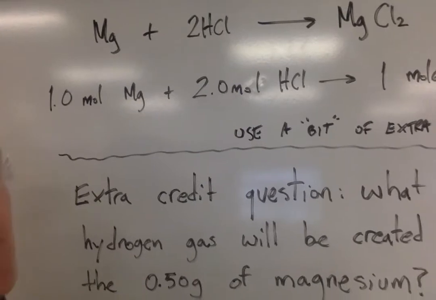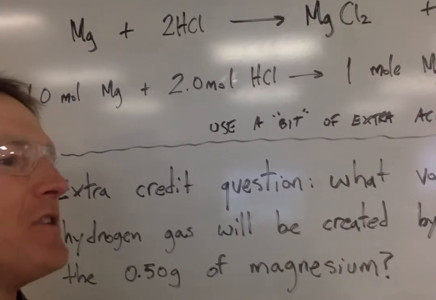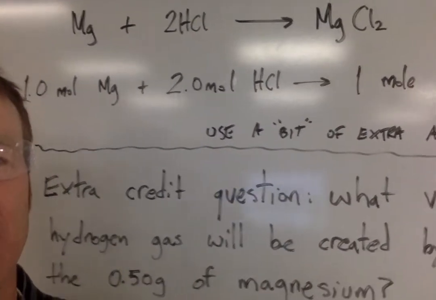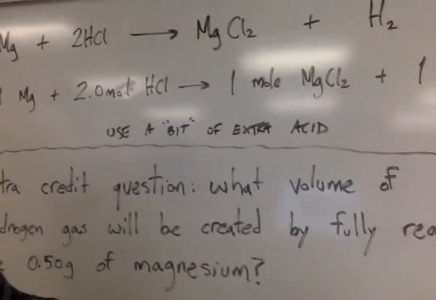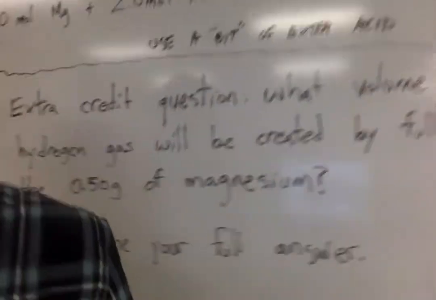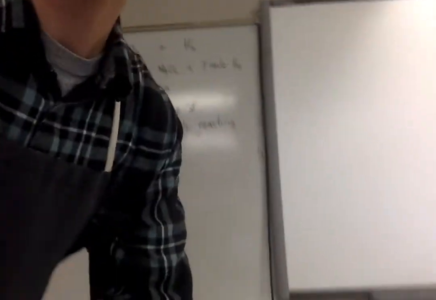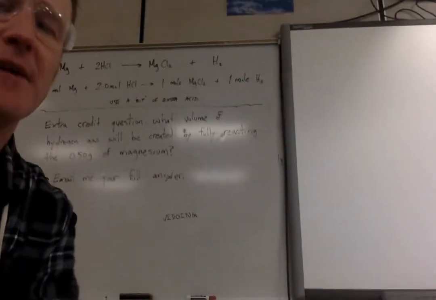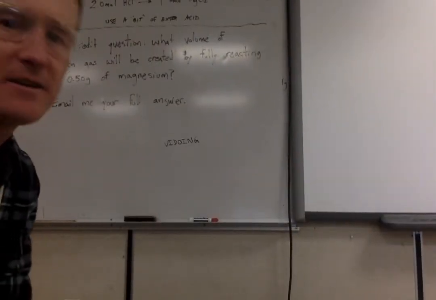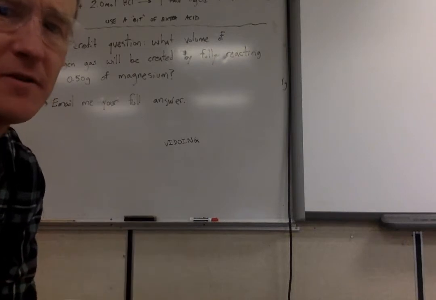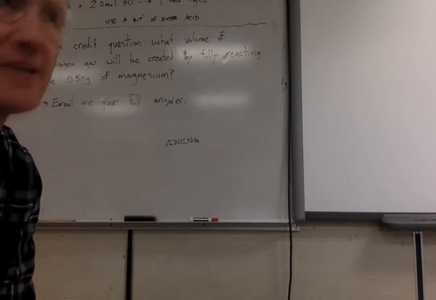Now, if we use a bit of extra acid, which I did, just a bit, I didn't want to leave behind all kinds of acid to dump down the drain, but I used just enough acid with a teeny bit left over to use up all of that magnesium.